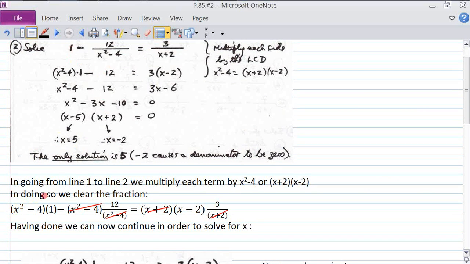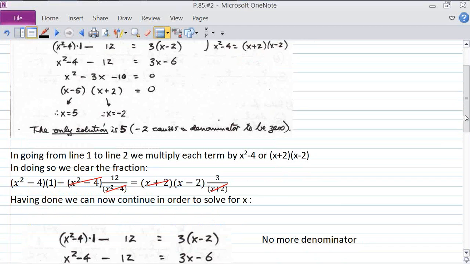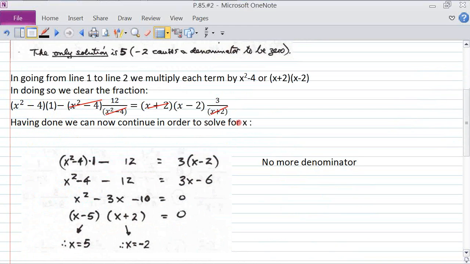So I take the 1, multiply it by x squared minus 4, take the 12 over x squared minus 4, which is right here, multiply it by the x squared minus 4, and instead of writing x squared minus 4, I'm going to write x plus 2 times x minus 2 times the 3 over x plus 2, so that I can cancel the x plus 2 portion of this right here. So in doing so, we have cleared the fraction. So we can solve for x.